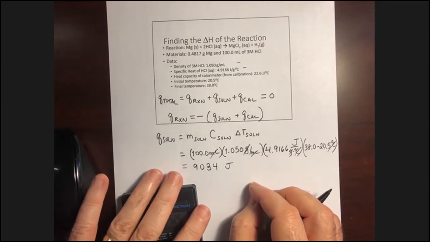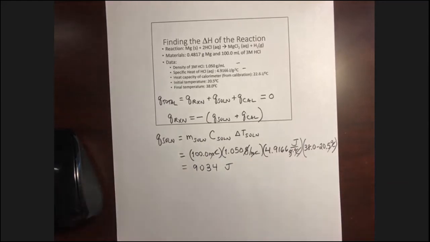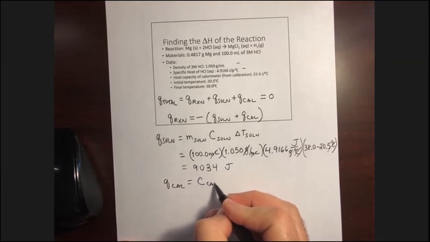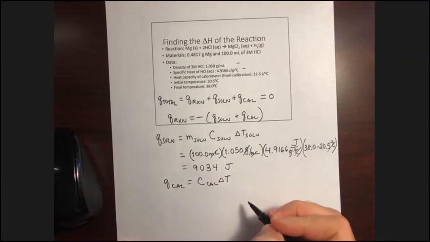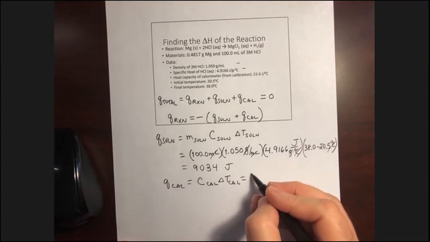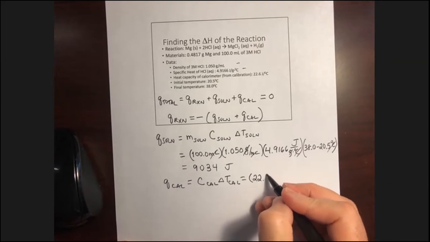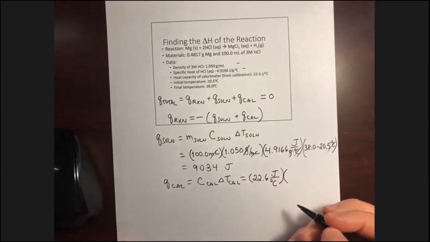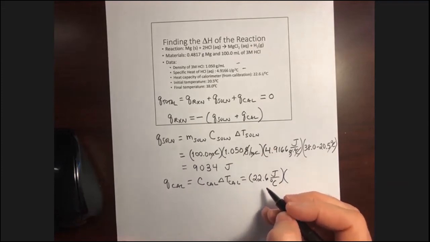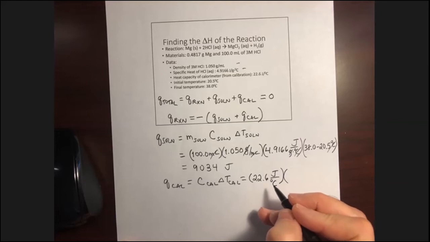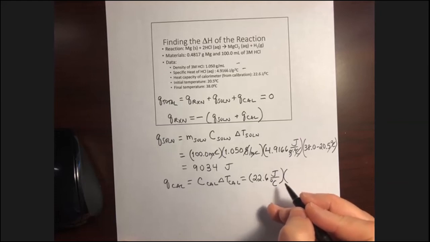Now let's see what would be the heat exchange for the calorimeter. That would be the heat capacity of the calorimeter times the temperature change for the calorimeter. We established in the previous experiment that this would be 22.6 joules per degree Celsius. And the temperature change for the calorimeter in this experiment would be the same. Since the calorimeter and the HCl solution were sitting there by themselves, they basically should have started at the same temperature.